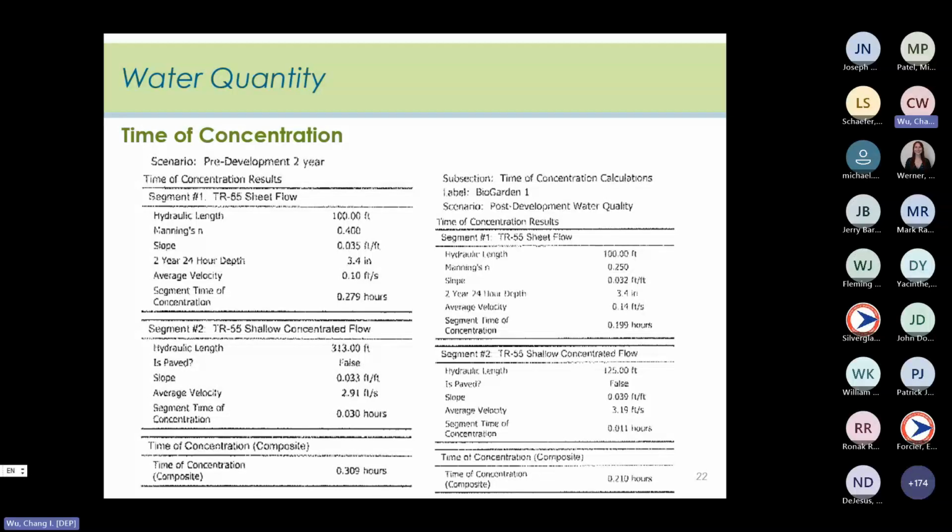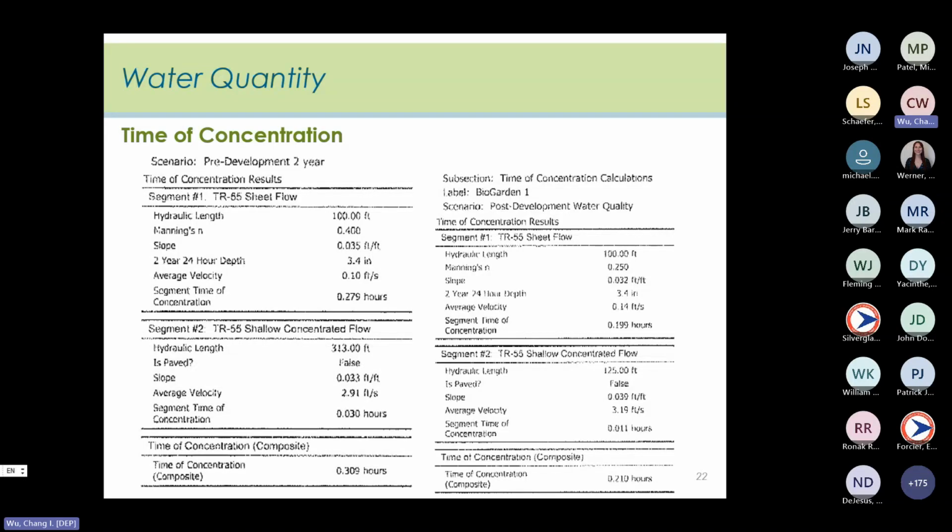So the next thing is to check the time of concentration, because time of concentration has a significant effect on the peak flow rate. From the screenshots of the routing calculations, the Manning's coefficient for the pre-construction condition was correctly selected because the drainage area is wooded. The sheet flow length is 100 feet, which is acceptable for the pre-construction condition.